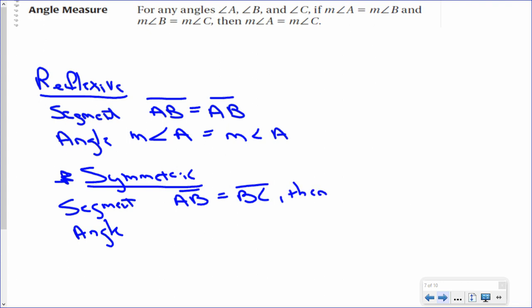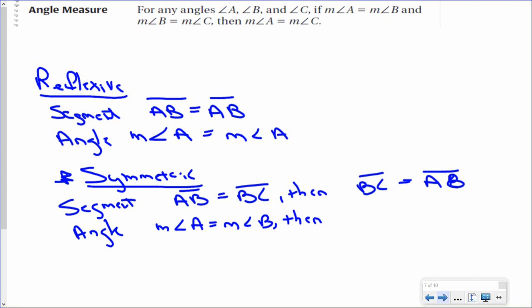Now we could flip those around and it doesn't change anything, like BC is equal to AB. Just flipping them around, that's all you're doing. Same thing with the angle. Let's say you start with the measure of angle A is equal to the measure of angle B, then just flip them around. The measure of angle B is equal to the measure of angle A.